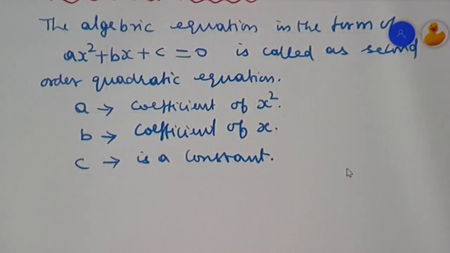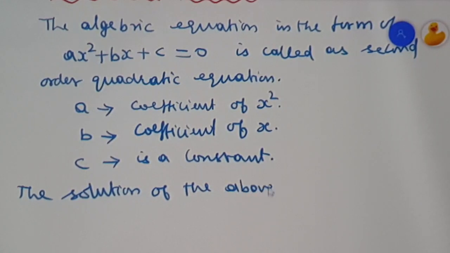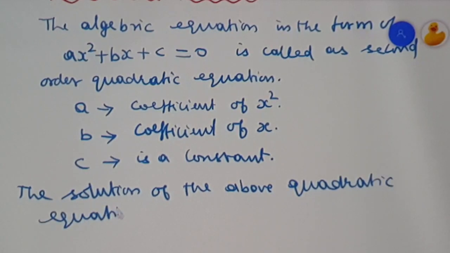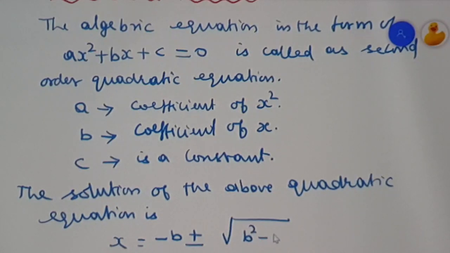The solution of the above quadratic equation is, see, I have to get the roots, that is x is equal to minus b plus or minus root of b square minus 4ac whole divided by 2a.